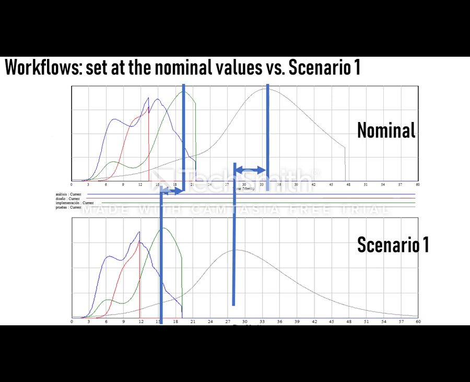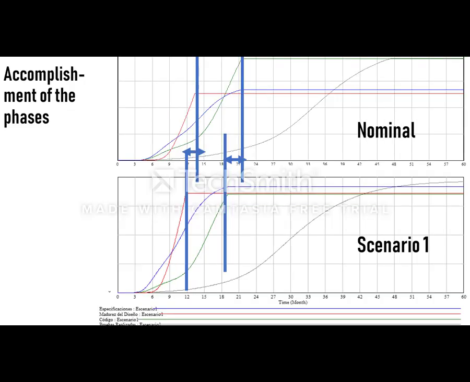If we simulate again and check the effect, we can see that the workflows in general have moved to the left, as you can see here, for example, and here. That is, they occur earlier in time, implying less resource consumption and better budget management. You can see this in the accomplishment of the phases as well.